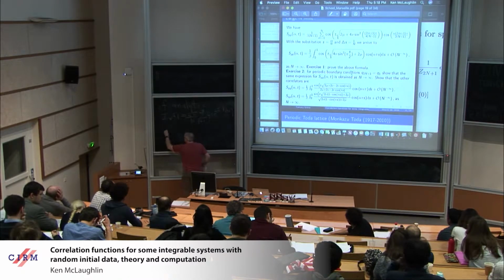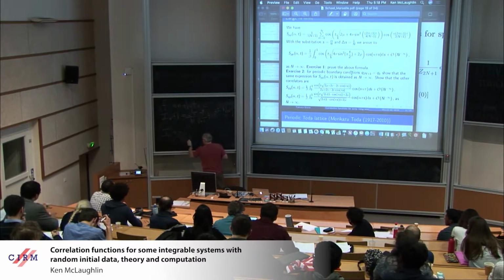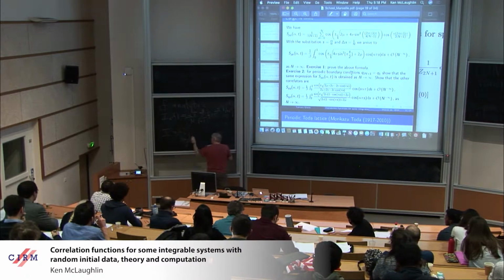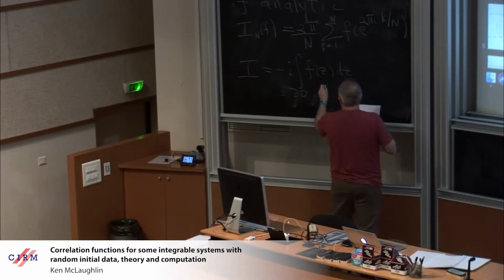And the integral we're trying to approximate is just this on the boundary of the disk of radius 1, f of z dz divided by z.